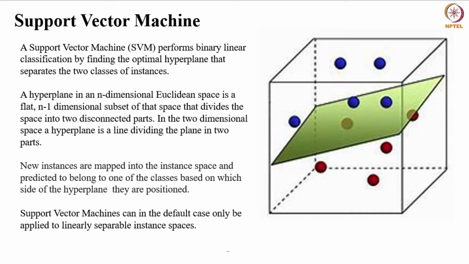In the 2-dimensional space, a hyperplane is a line dividing the plane in 2 parts, as an example. New instances are mapped into the instance space and predicted to belong to one of the classes based on which side of the hyperplane they are positioned. One should observe here that the hyperplane is not concretely stored as a hypothesis. It's rather computed on demand, which is typical for instance-based systems.